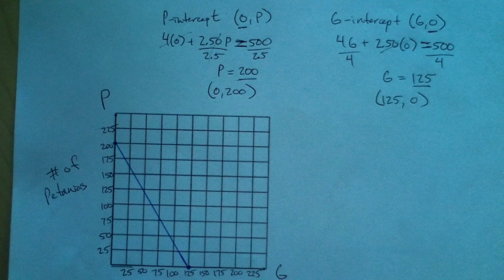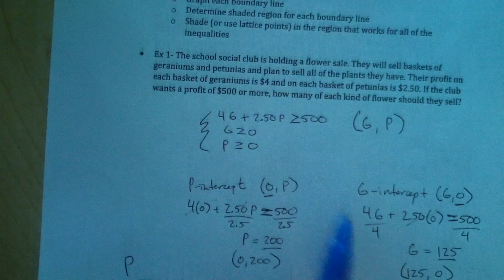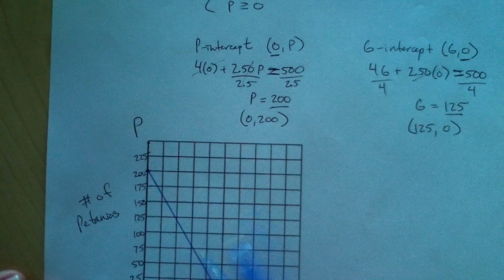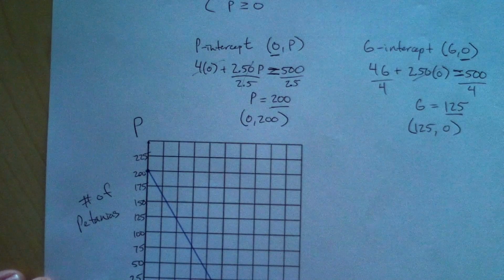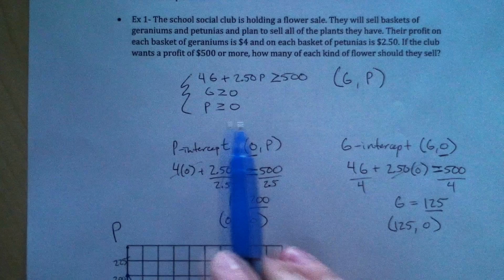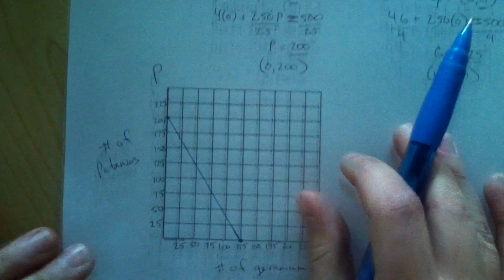Now we've got to graph these other ones out. That one was the color that I was using, so now I'm going to switch colors. Again, if you don't want to switch colors, that's fine too. I'm going to do my G is greater than or equal to 0. With these, when it's just a letter like that, that's like our horizontal or vertical lines.